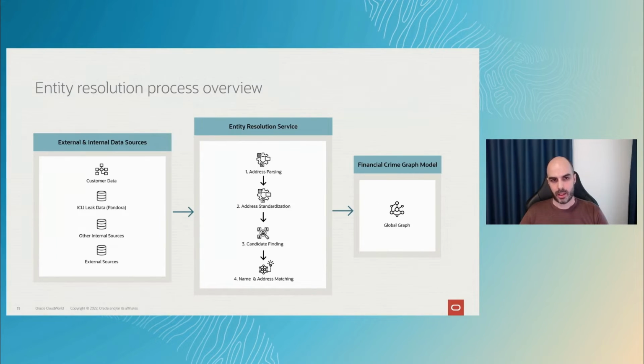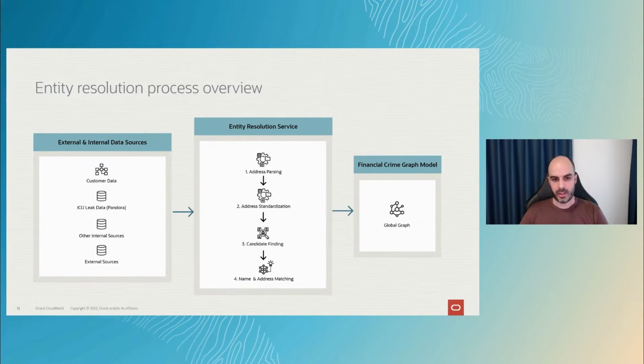So first of all, we have address parsing and address standardization. Those are basically just pre-processing steps to get the addresses in a format that we can use for matching the entities. And then we have a candidate finding step that aims to reduce the search space.